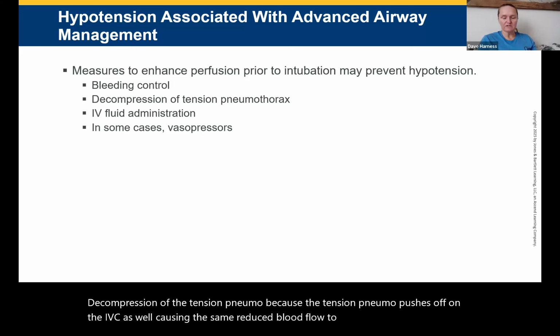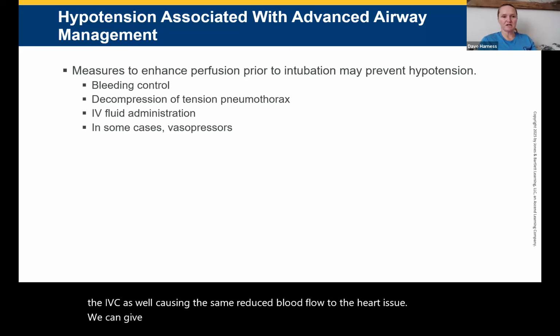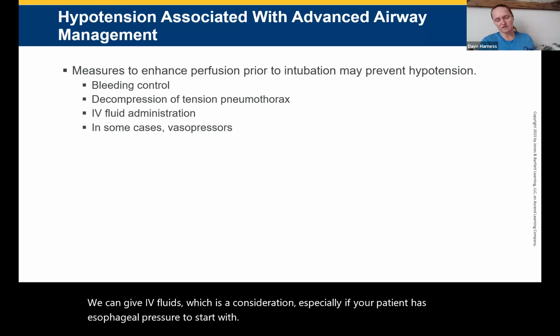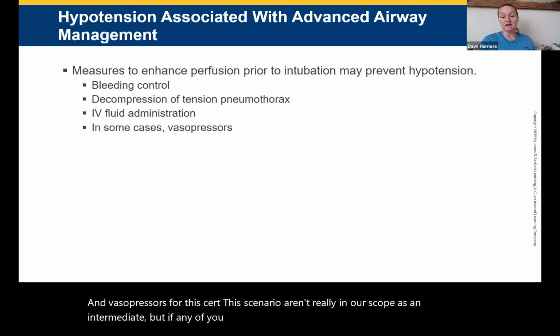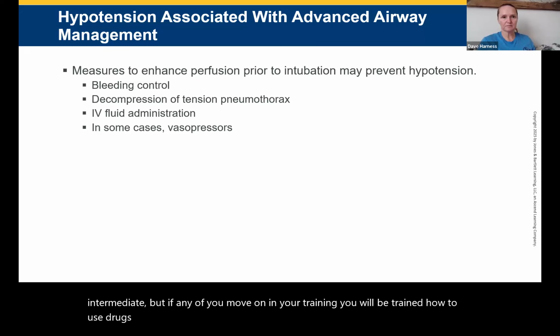We can give IV fluids, which is a consideration, especially if your patient has a soft blood pressure to start with. And vasopressors for this scenario aren't really in our scope as an intermediate, but if any of you move on in your training, you will be trained how to use drugs to try to support the pressure.